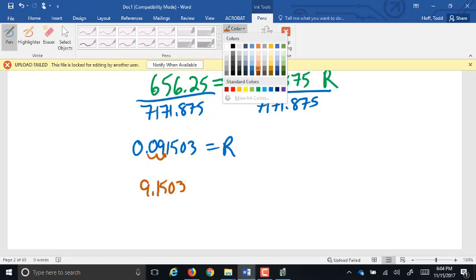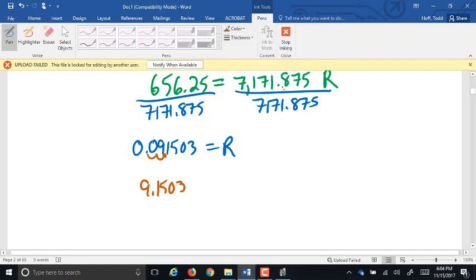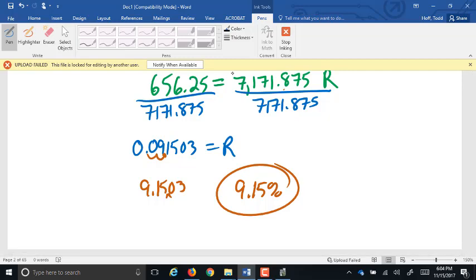And if you're not told where to round it, to the 100th of a percent, so it's 9.15% is the effective rate. So even though it says it's charging you 8.75%, because it's a simple discount note, you're effectively paying 9.15%.